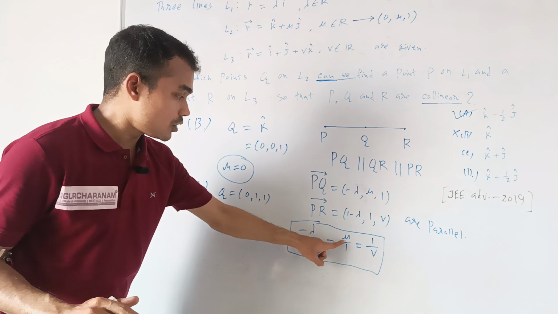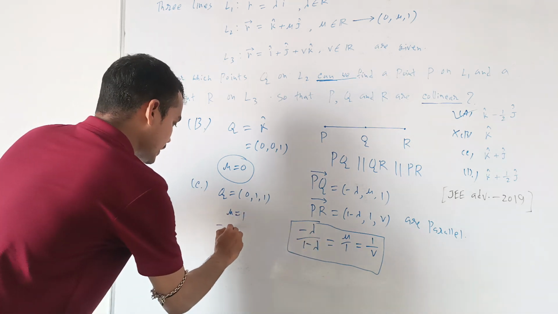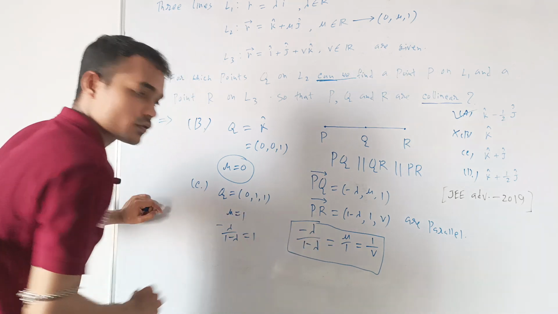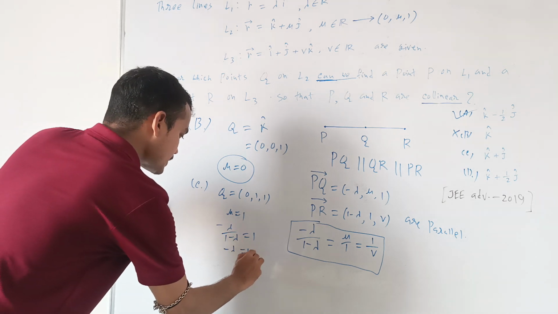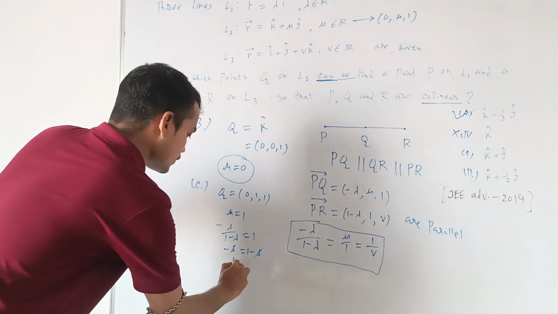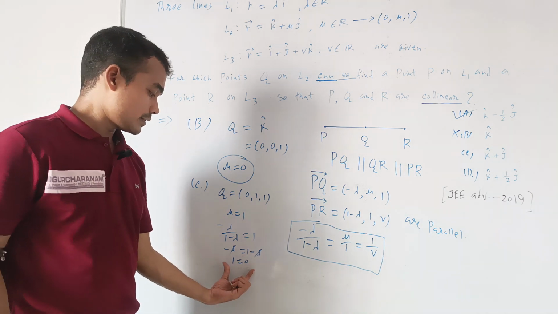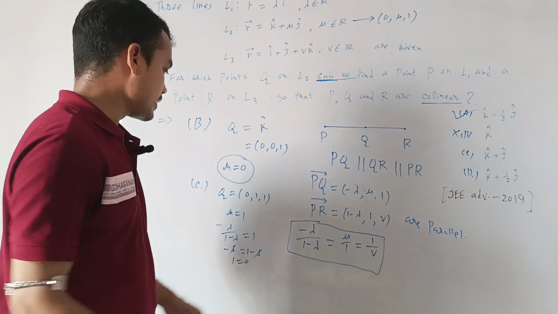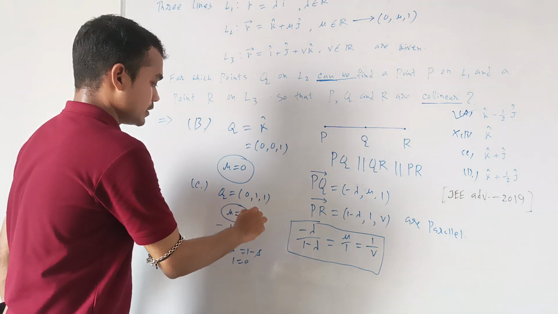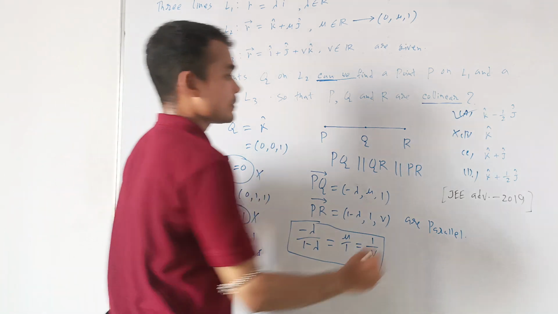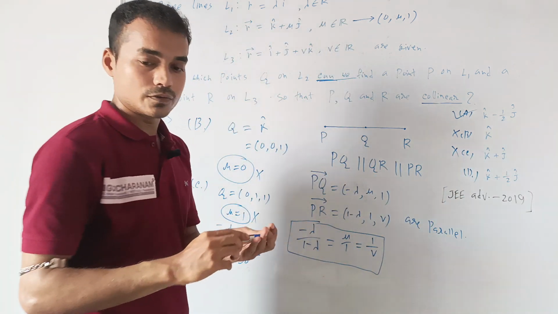But if we put mu equal to 1 here, then what do I get? Minus lambda by 1 minus lambda is equal to 1. If we cross multiply, minus lambda cancels, and we get 1 is equal to 0. So here we get a contradiction. That means mu equal to 1 is not true, so option C is also false.